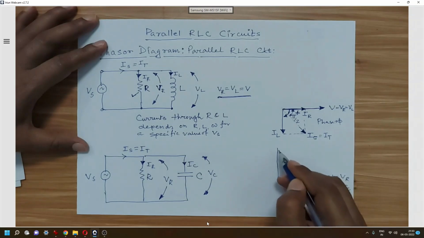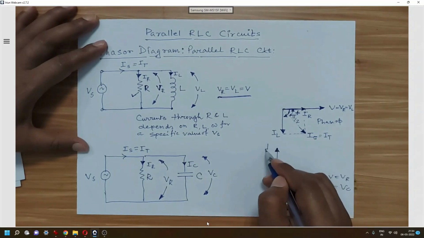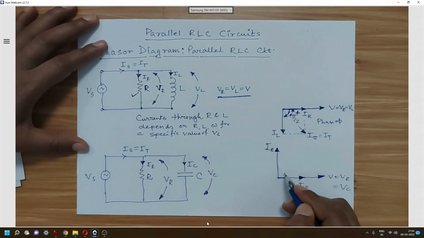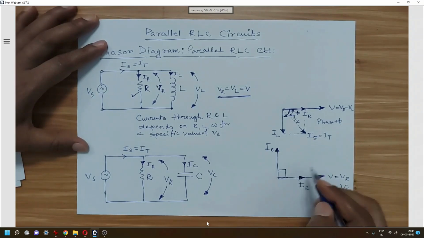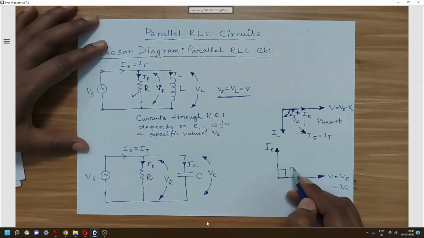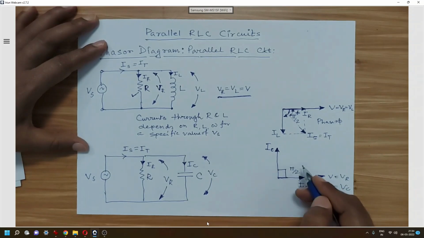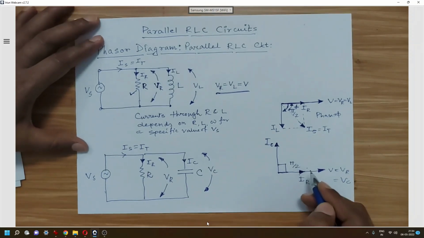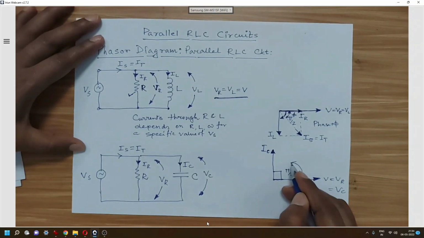For the capacitive circuit, as the current leads, IC will definitely be drawn as a leading phasor compared to the voltage V, and as the capacitor is considered to be pure here, we will get a phase displacement of pi by 2 from the voltage, and this will be the leading current.